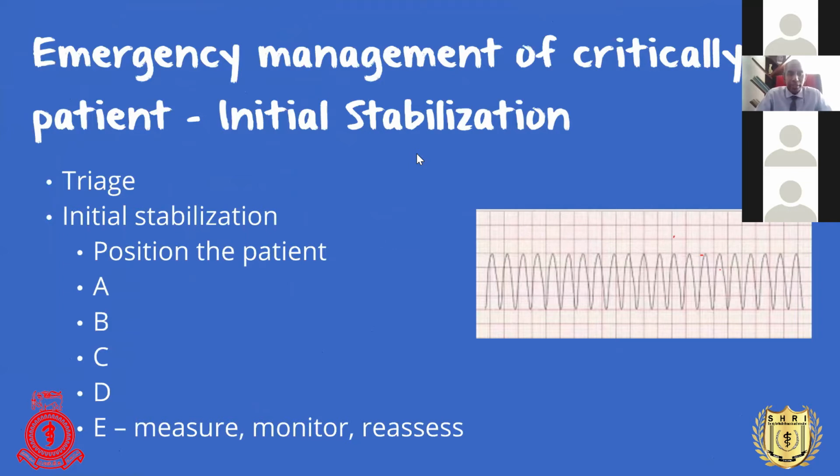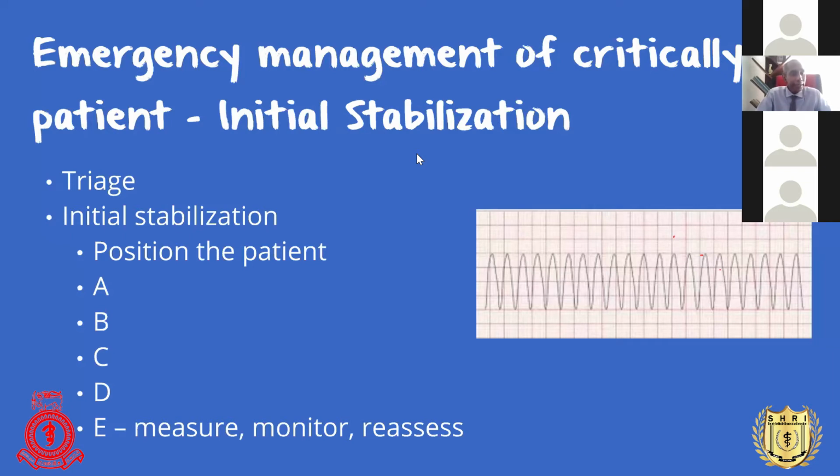And we have to assess the airway, whether it is patent, whether the patient needs additional oxygen. In any critical situation, we can give oxygen. Later we can reduce oxygen if the patient is diagnosed with myocardial infarction, where the saturation target is 95. That's a different thing.